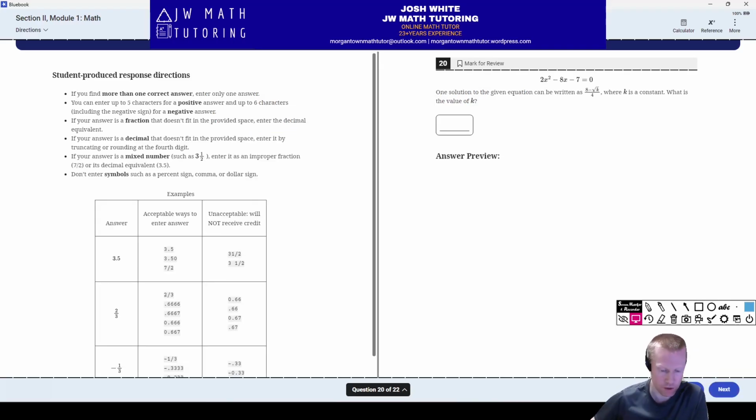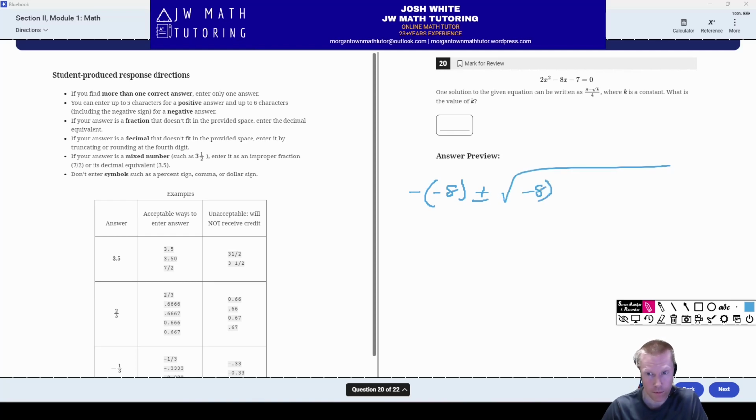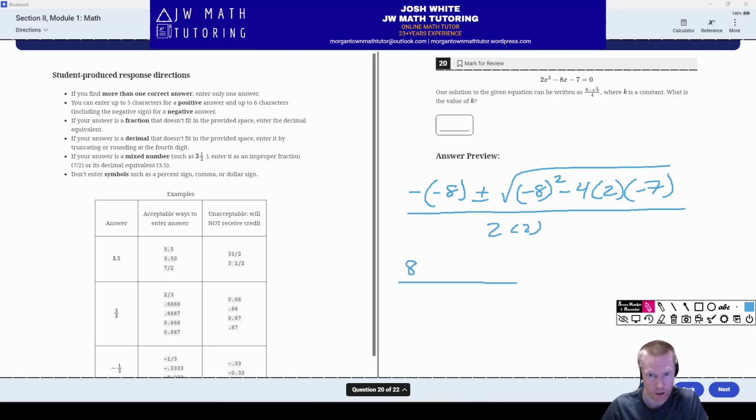All right, next up we have number 20. This one I will show you how to do using the quadratic formula. That's what I call the traditional method. Then I will show you how you could do the entire thing in Desmos. So with the quadratic formula, we're going to do negative b, negative 8, plus or minus the square root of b squared minus 4 times a times c, all over 2 times a. So we've got an 8 here, we've got a 4 here.